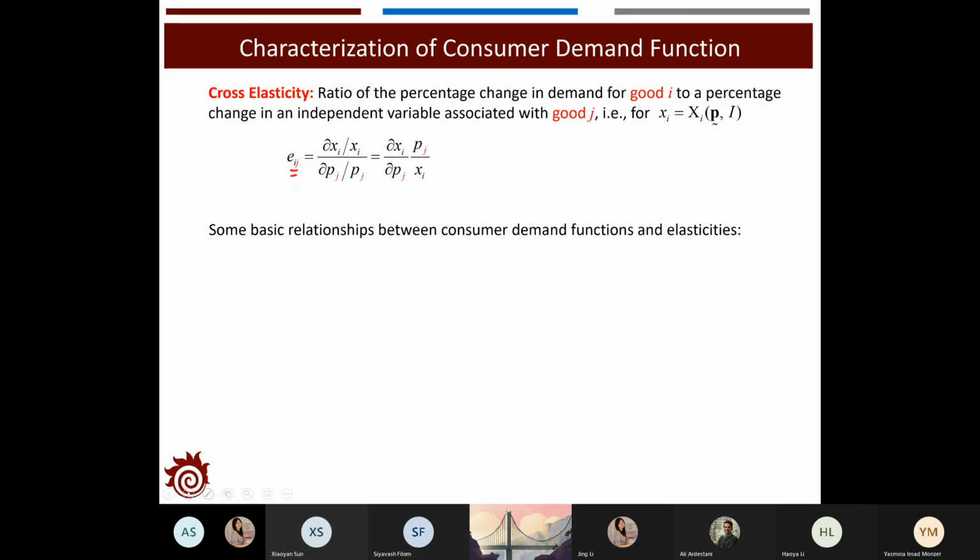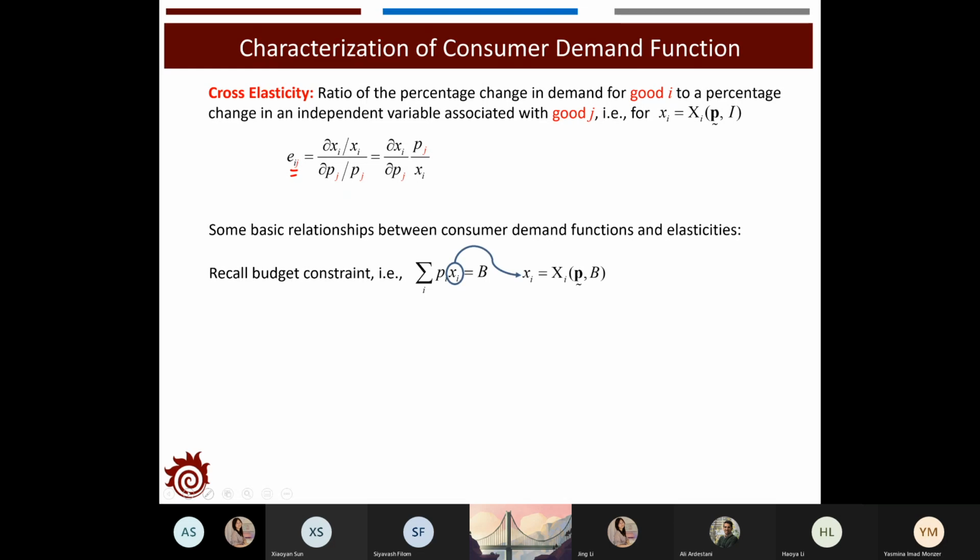This would be some key measurements we have to consider. With that, we can consider some basic relationships between the consumer demand functions and the elasticity. First of all, we have the budget constraint. Let's see how the budget constraint can help us simplify the relationship between the demand function and the elasticity.